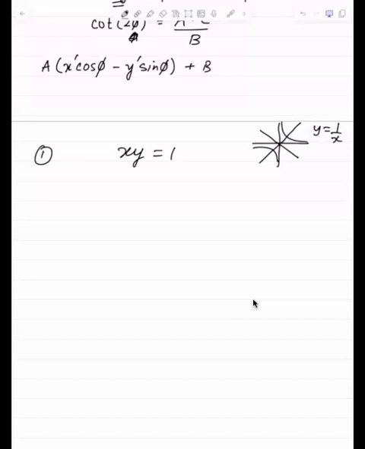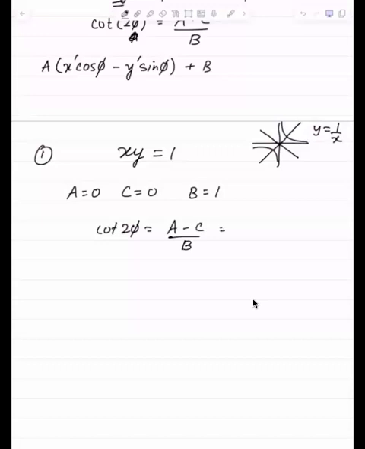So a is 0, right? Because it's ax squared. C is 0 because it's cy squared. And b is 1, that's b, the coefficient of xy. So we know cot 2 phi is equal to (a minus c) over b.